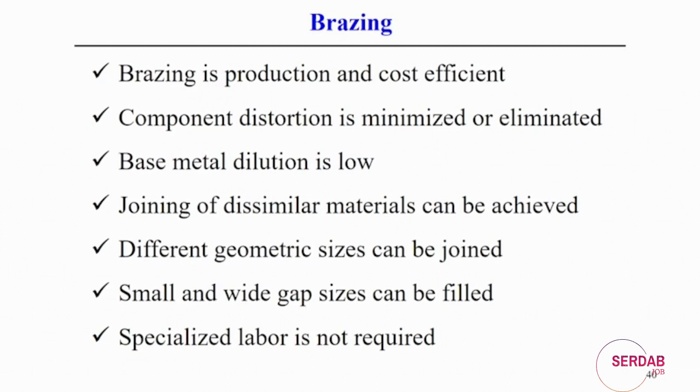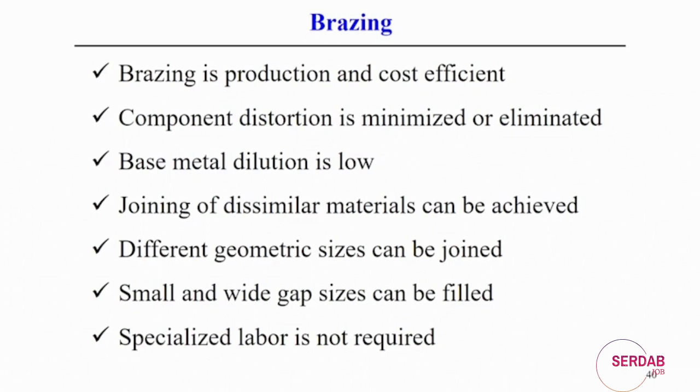So, with respect to the fusion welding process, the brazing process is more cost effective. There may not be any component distortion, or it is minimized or eliminated, because the filler material is only melted and subsequently solidifies, but the base material does not melt.